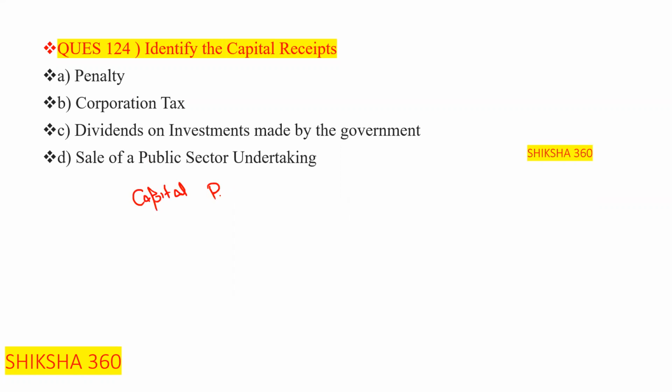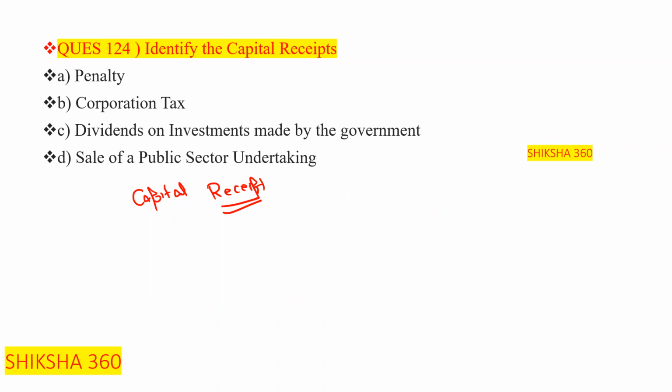Capital receipts can be raised either from the already invested amount in the form of a loan given or an asset created by disposing it, or on the assurance that it will be paid back in future. If the government has not invested already, identify here what is capital receipt.